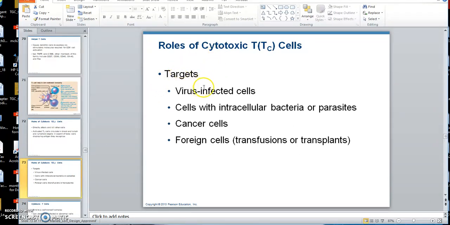So what does it do? Targets virus intracellular now. Remember intracellular. Virus-infected cells, intracellular bacterial parasites, cancer cells, foreign cells. Okay, put the wrong cell inside you. You need to take that out. So the T cell system is the one that's going to fight against bad matches on organ transplants, let's say.